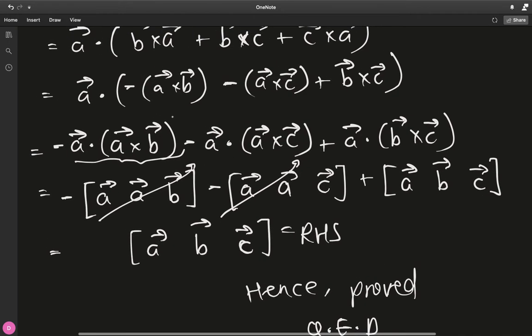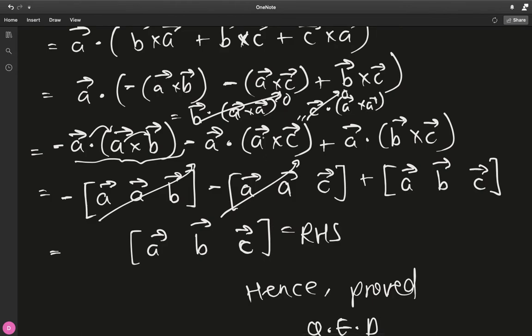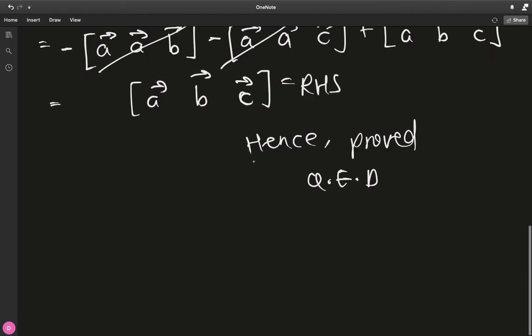So this is nothing but B vector dot, this A moves ahead and this A moves ahead and this B goes behind, because they always have to be in a cyclic order. We'll have a vector cross a vector, same, any vector crossed with itself is 0. Same argument here, you move the C back behind. We'll have C vector dot a vector cross a vector being equal to 0. That's why these scalar triple products go to 0.